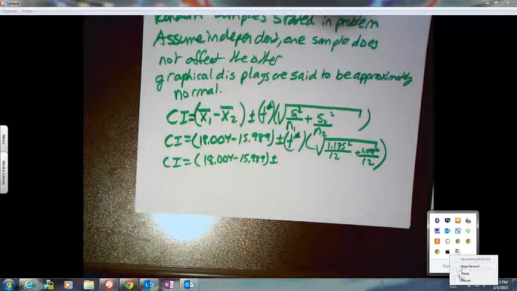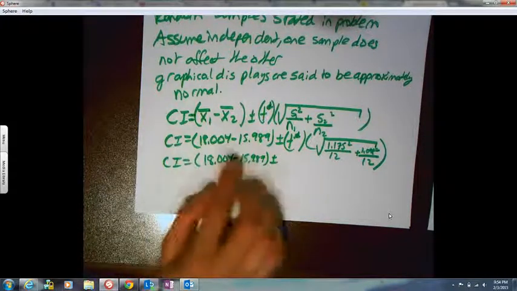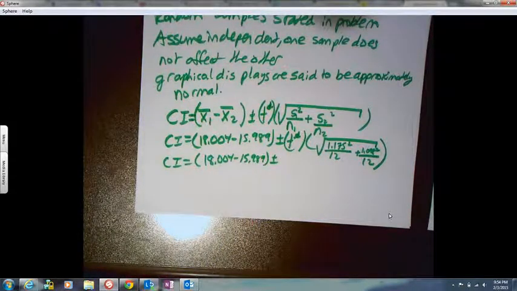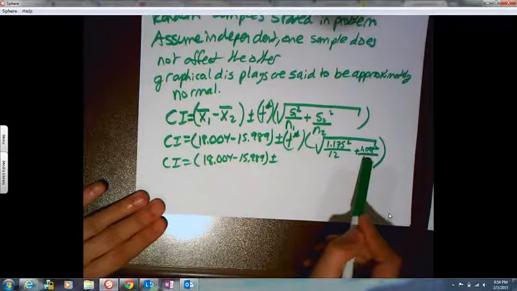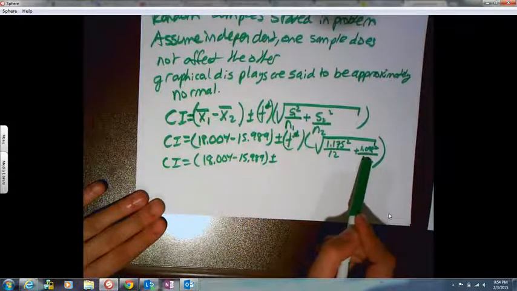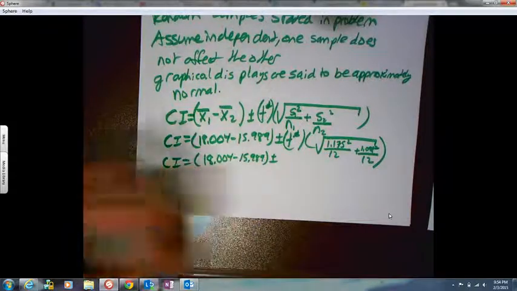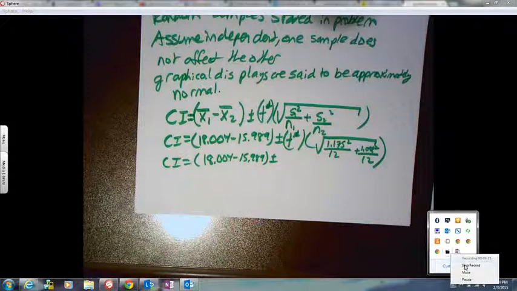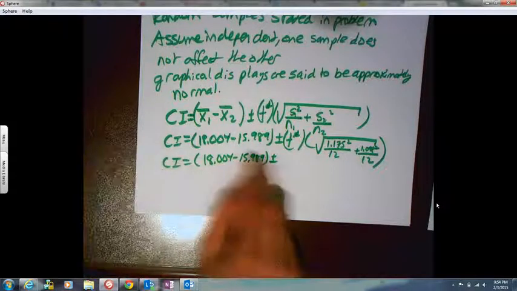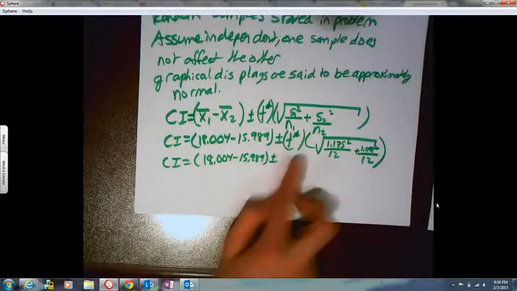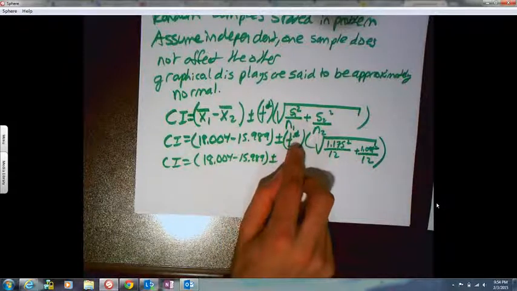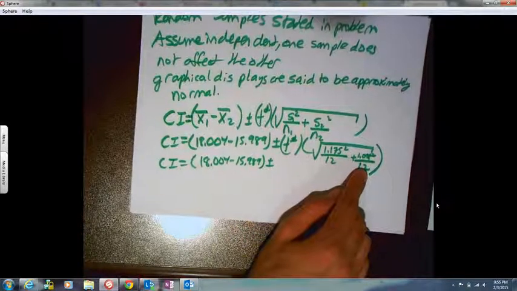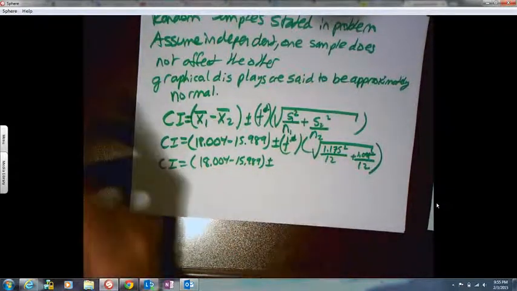So when you're trying to find your t-stat, we know we have degrees of freedom. 12 plus 12 is 24, 24 minus 2 is 22. And it doesn't say what confidence level, so we'll assume they want 95%.